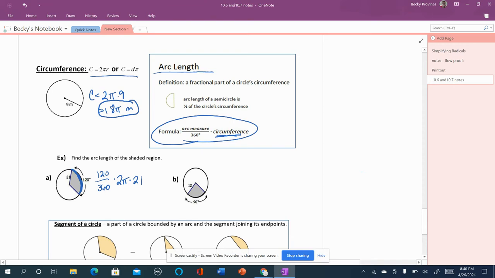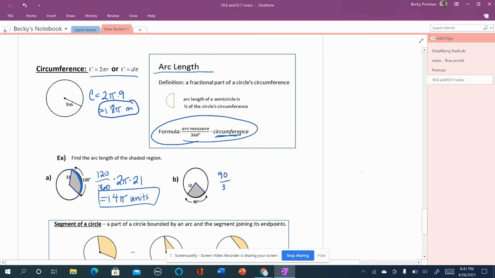Sometimes I push enter and then push times again, 2 times 21, or you don't have to push enter. Just make sure you can get the answer 14. Now we're going to have to drop down that pi symbol, and this is units. It's not squared.